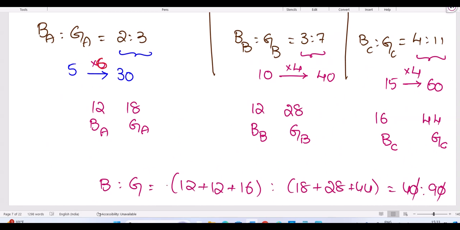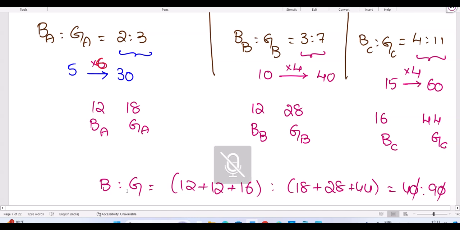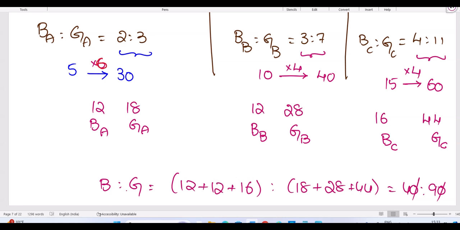If classroom A strength is 20, then things are good. If classroom A is 20, then we can multiply by 4, here 4. Then directly 2 plus 3 plus 4 is boys, 3 plus 7 plus 11 is girls. That we can do. But the problem here is this factor is 6, and here 4.